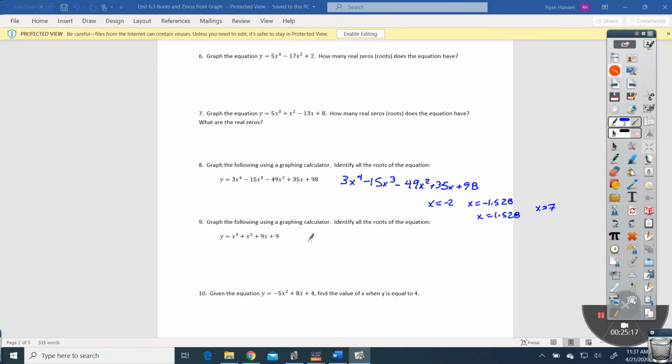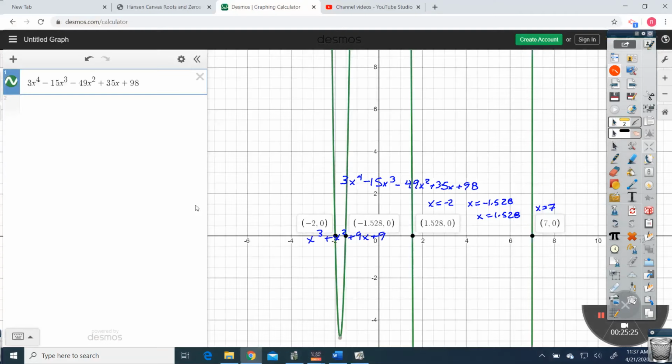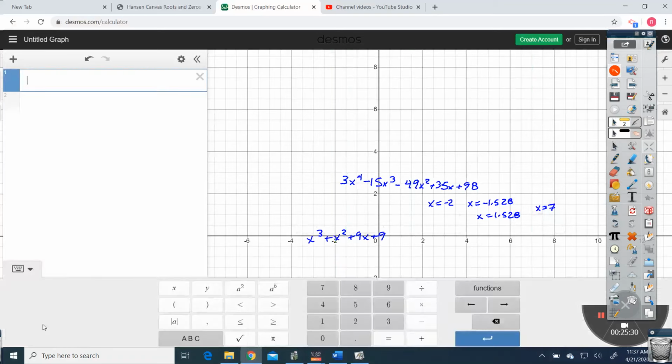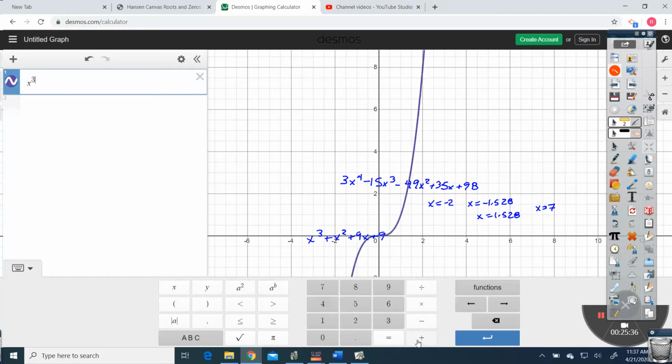Question 9 says the same thing. It says go ahead and graph this. So we go to our calculator. So back to my calculator, I clear this one off. Come here to x cubed plus x squared plus 9x plus 9. And it only crosses one time, which is at negative 1.